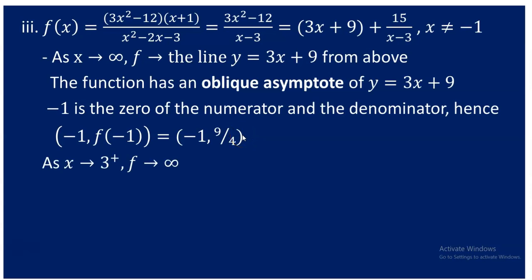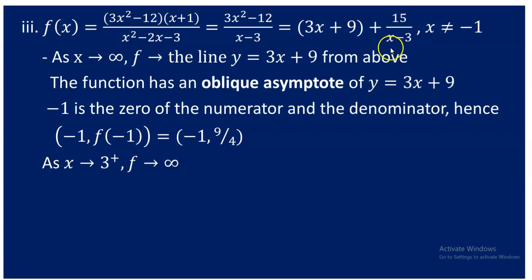What happens as we are approaching 3 from above, from the right side? As you are approaching 3 from the right side, look here students, this is actually a small number, a certain small number can come, 9 times 9 plus 9, 18, but as you are approaching 3 from the right and deducting 3 from it enables you to have a very small number here, and dividing a constant positive number by a very small positive number enables us to have infinity.